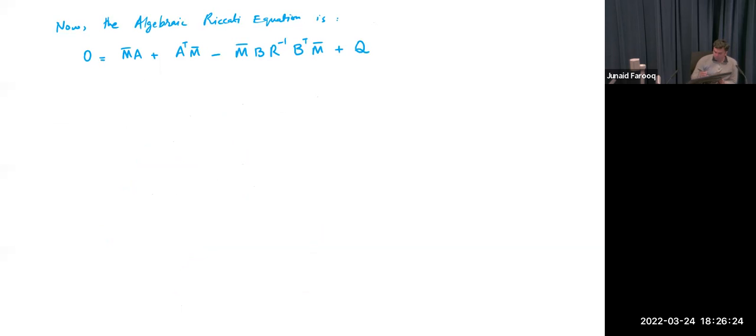So we need to solve for M bar and then find K or K bar, which is R inverse B transpose M bar. That's where the M will be used.